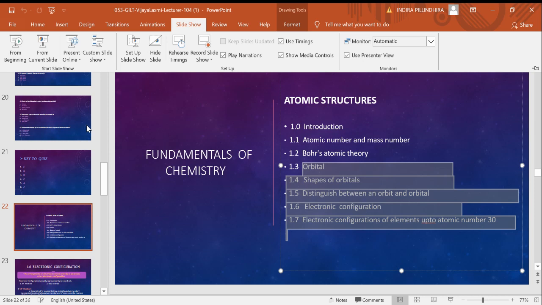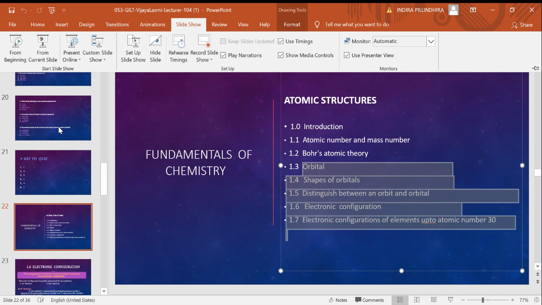We have learned till the structure of the atom, that is Niels Bohr structure of the atom. In that video we started with matter, the definition of matter, and then we saw what is mass number, atomic number, and how to represent the mass number and atomic number on the symbol of the atom.